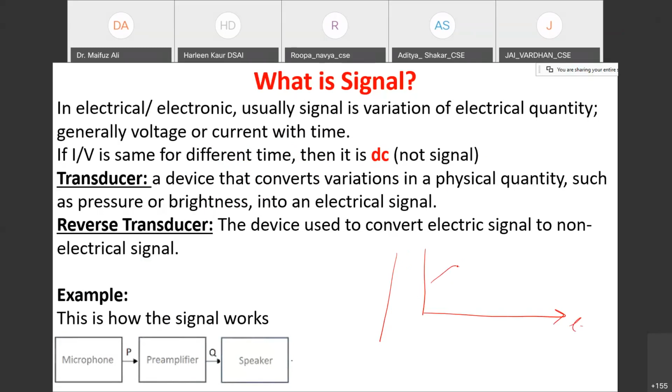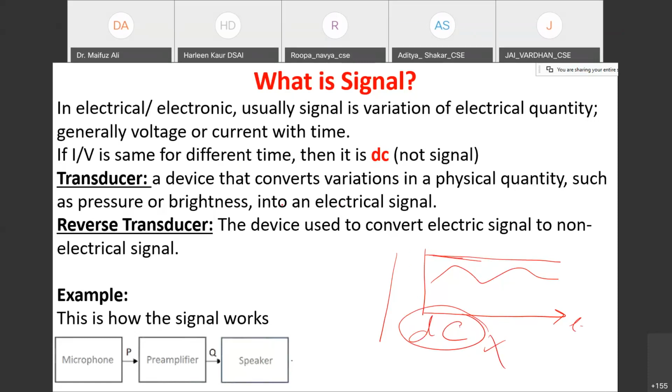If the voltage or current changes with time, it is a signal. If it is constant, it is just constant. If the current is constant with time, it is called DC or direct current, but it is not a signal. A signal will change with time.